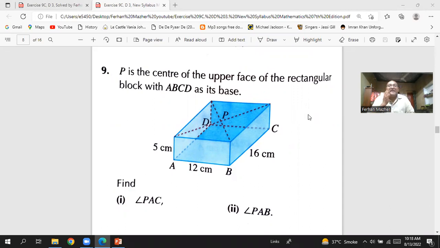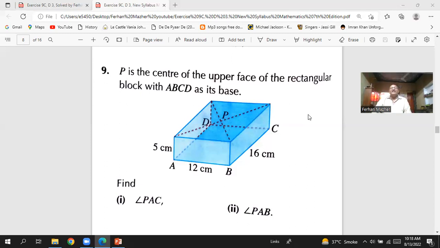And on the roof when you join the top corners of the roof with each other, and the P is the point which is exactly on the top and is in the center of the room. So it's the intersection of the diagonals which are joining at the ends of the roof with each other.